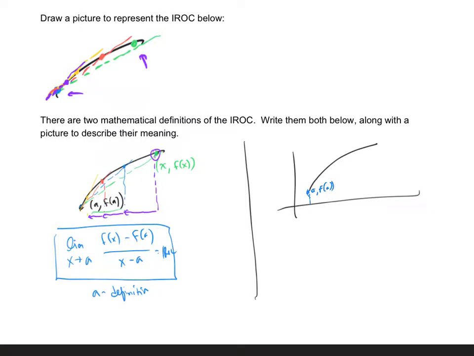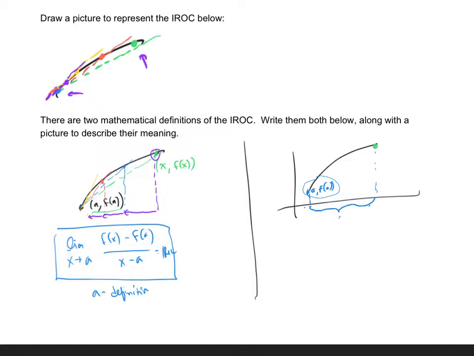But this time, instead of thinking of that other point as being a different value of x, what I'm going to think of is how far do I have to move over to get to that x value? So instead of thinking of it as here's an x value, here's an a value, we're going to think of it in terms of this is just an x value, the fixed point, and then this is a change in x.